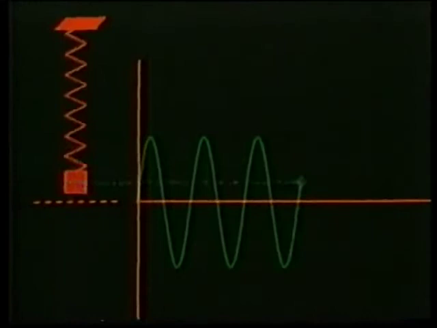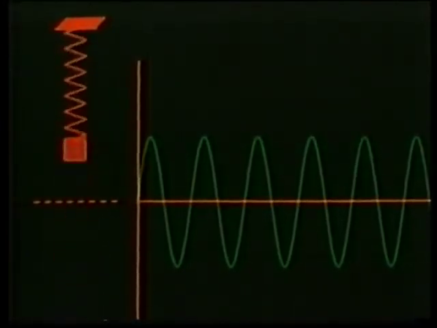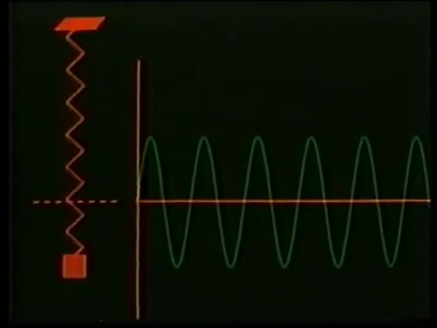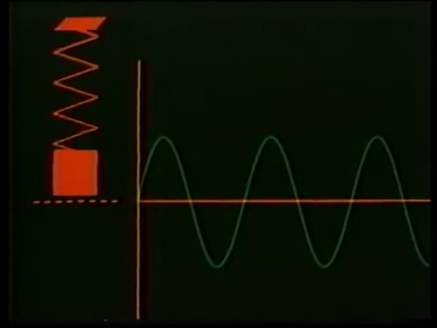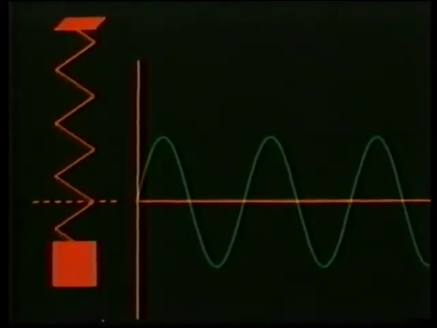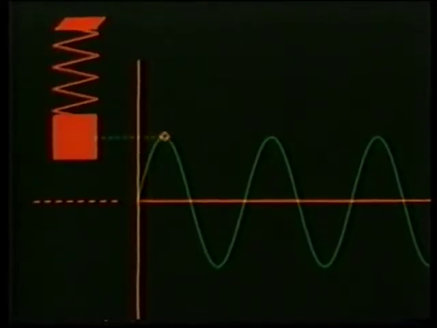And different free oscillating systems have different natural frequencies. In this case, the frequency is double the one we saw earlier, twice as many oscillations per second. But now let's go back to the original system, the one with the lower frequency. The maximum extent of an oscillation about the equilibrium position is known as the amplitude.